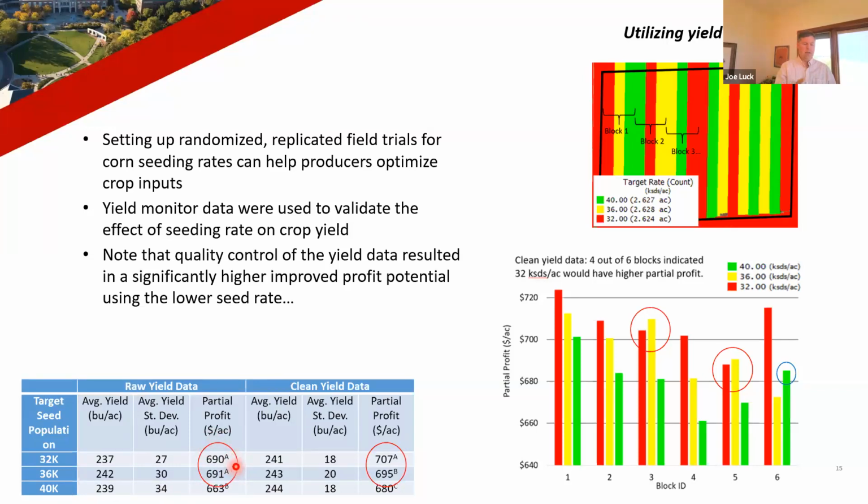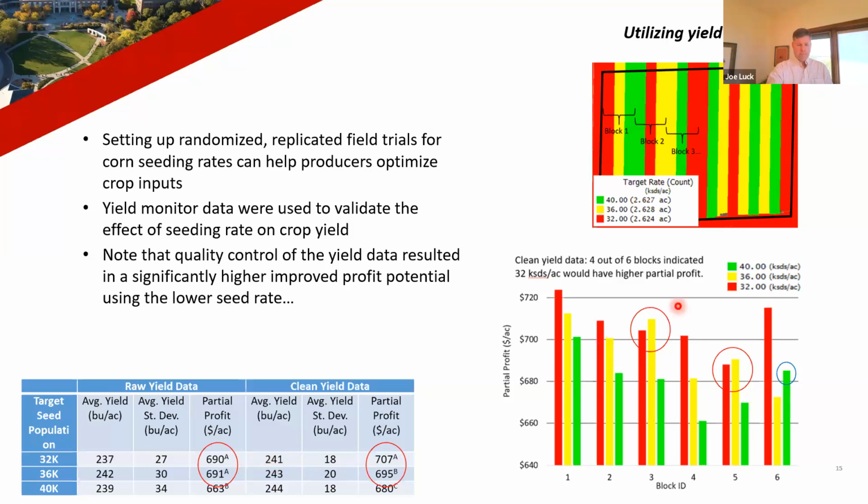So if you look at the yield and then the amount of seed and the cost associated with those, once you go in and look at that yield monitor data and you try and remove some of those known errors caused by the machine physically, you start to see that information become statistically different, because we were really underestimating yield in that 32,000 seeding range. And as it turns out, it ended up being potentially more profitable.